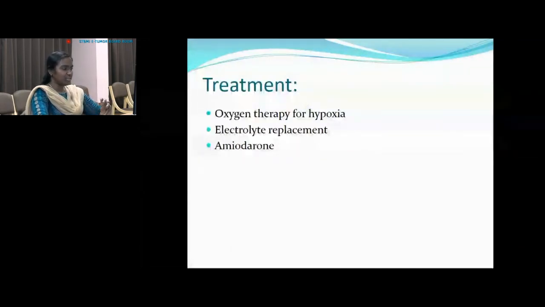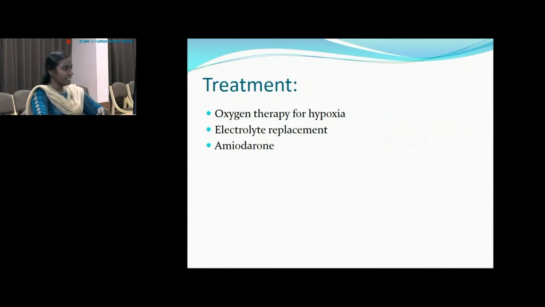The common electrolyte abnormalities responsible for PVC are a low potassium level, hypokalemia; hypercalcemia, when the calcium level in the blood is high; and hypomagnesemia also can cause it. These are the common electrolytes responsible for PVC.